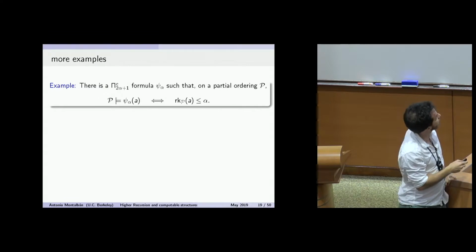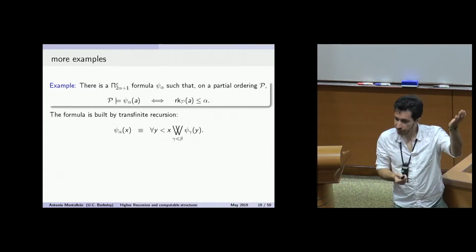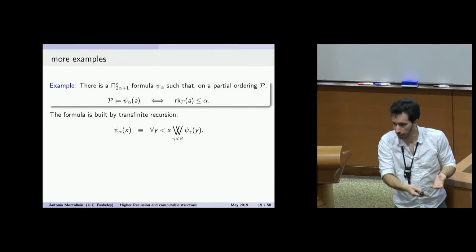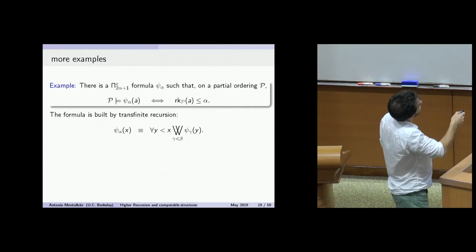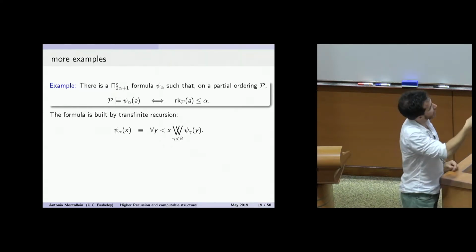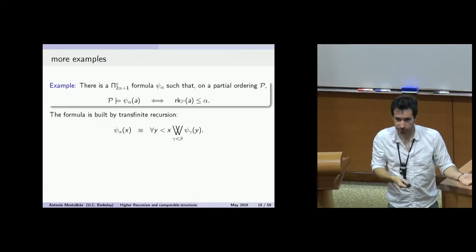So what is the formula? The formula is built by transfinite recursion. So you start from alpha equals 0, you say, well, there's nothing below you. And then in general, having rank less than or equal to alpha is the same thing as saying every element below you has some rank that is gamma for some gamma below alpha.